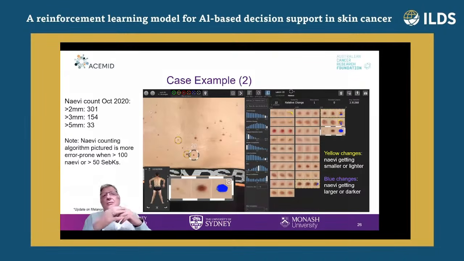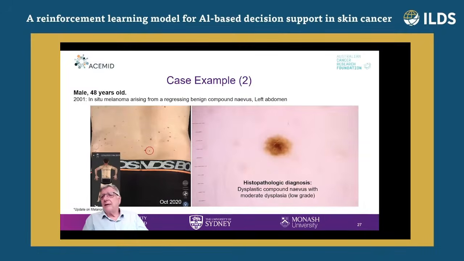Also, I was pretty sure that this is just a benign nevus. And indeed, it was a benign nevus. And this shows how complex the issue is between AI and dermatological skills and so on. So we are on a very steep learning curve in this context.